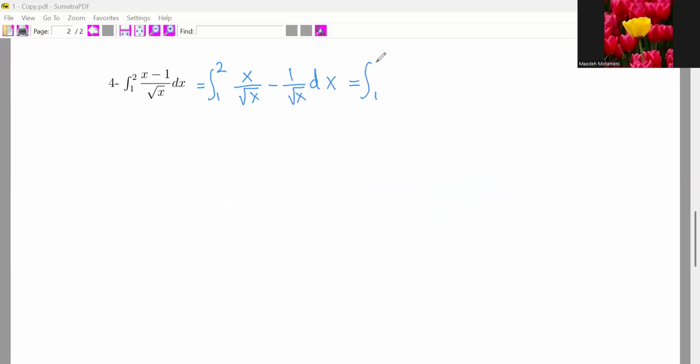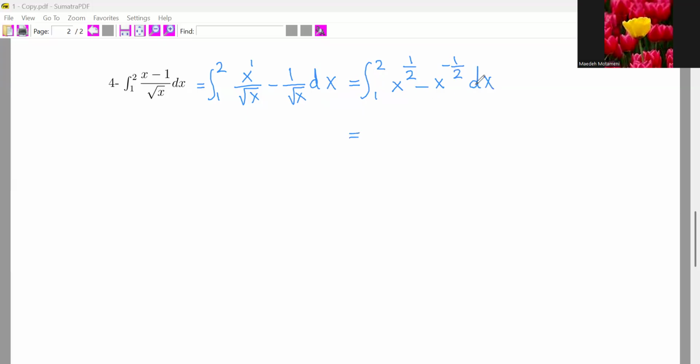It means that if you simplify, you would have x to the power 1 minus 1 over 2, which means 1 over 2, minus number 1 over x to the power 1 over 2, which is the same as x to the power negative 1 over 2 dx.